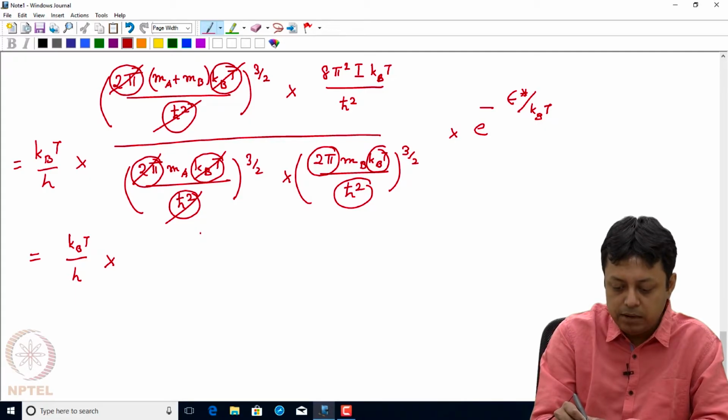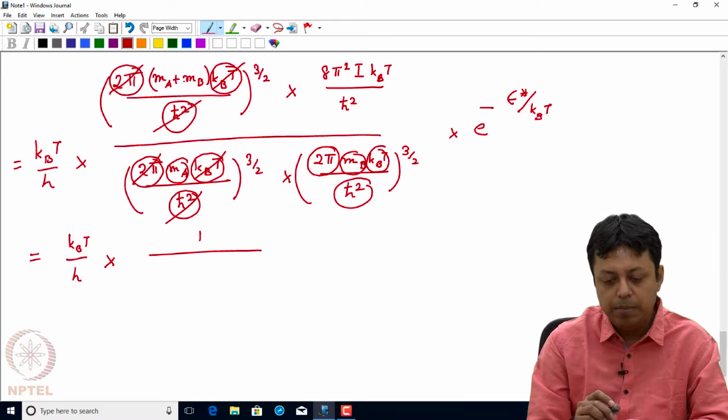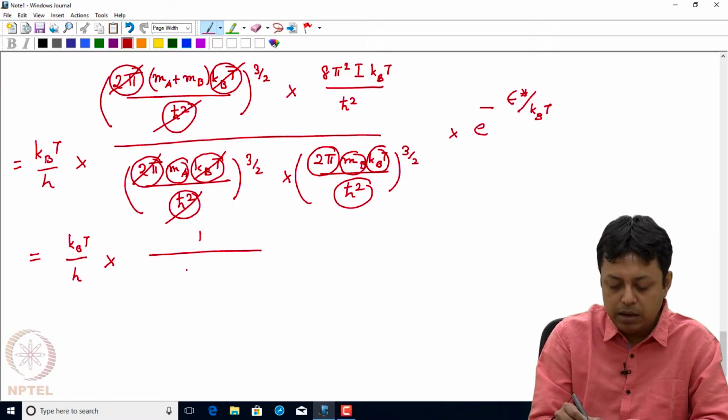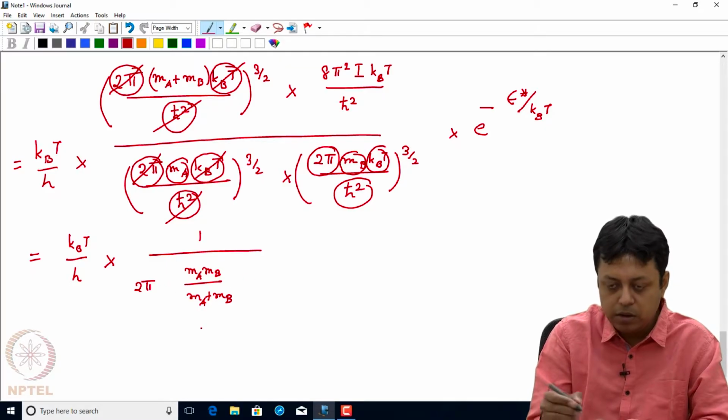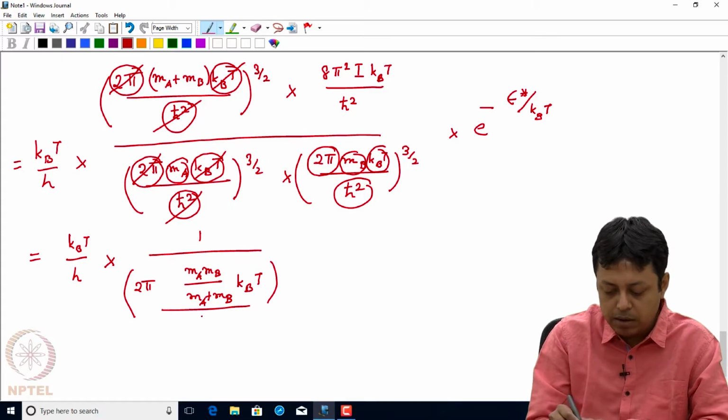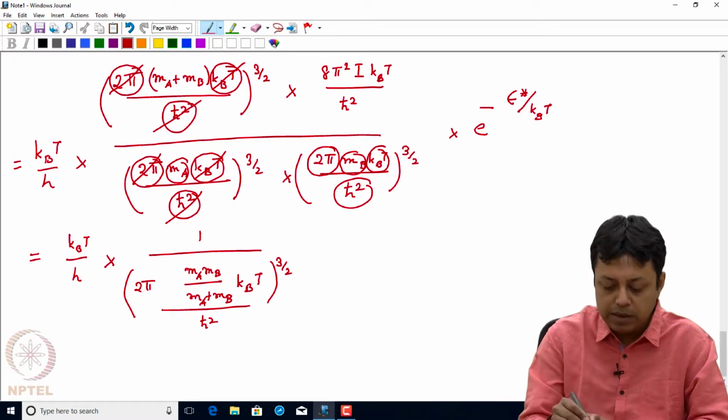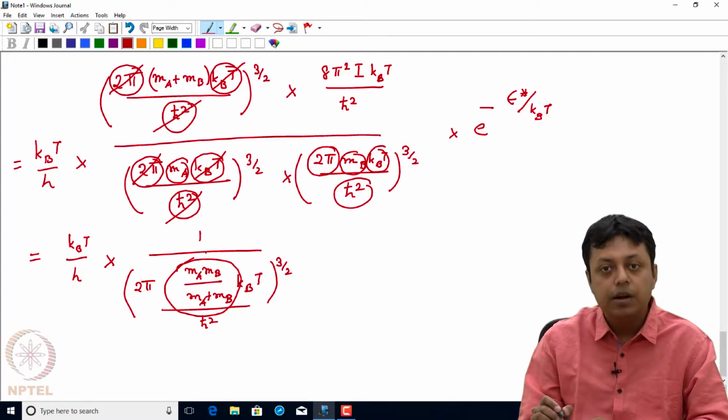I will also have Ma times Mb, and in the numerator I have Ma plus Mb. So I can write Ma Mb divided by Ma plus Mb, and then I have 1 over 2 pi, 1 over kBT, and 1 over h bar squared, all raised to the power 3 by 2. So that is the 3 by 2 terms. Now you can see that this entire thing is nothing but the reduced mass of the system.